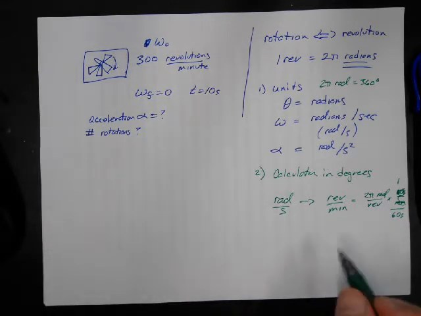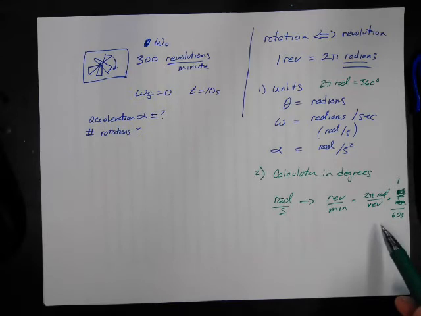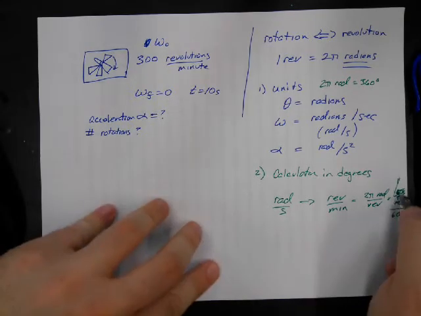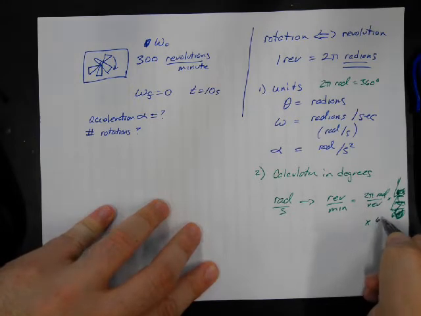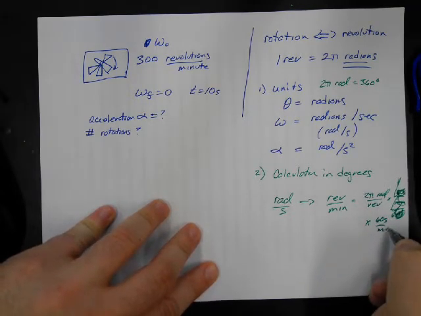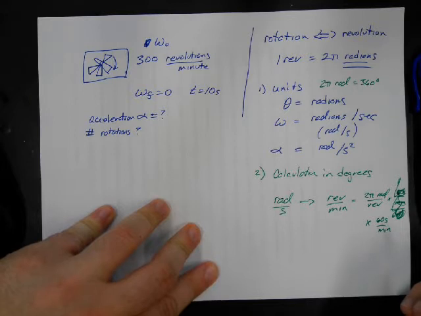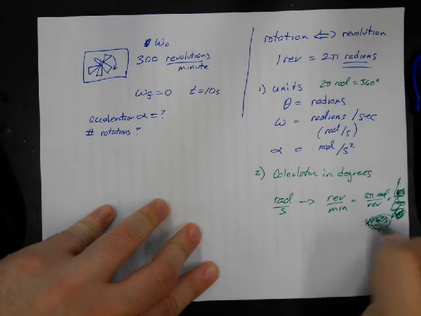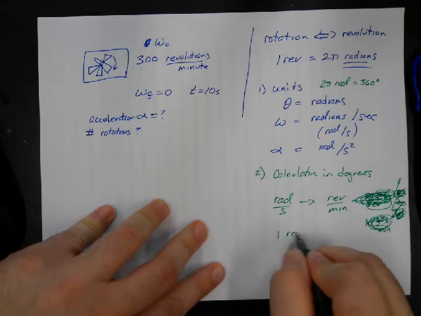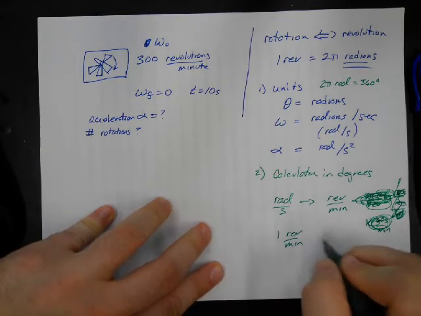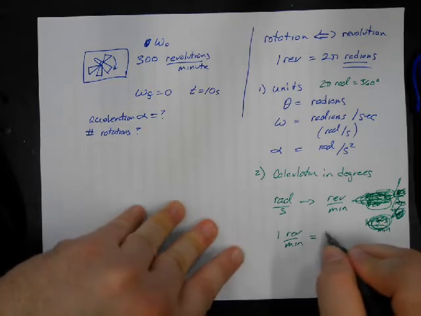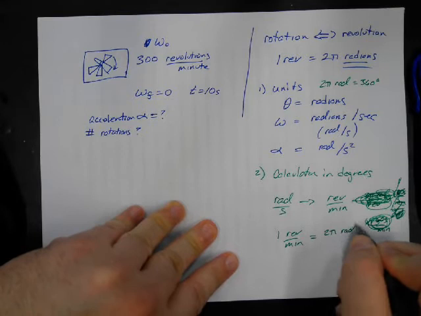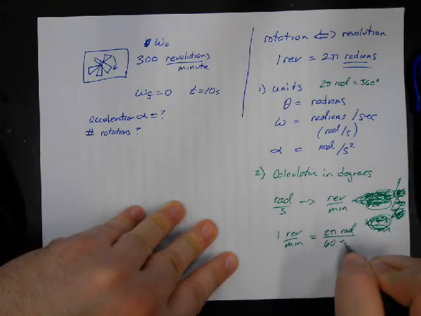No, I don't have that right. We're always going to do this conversion, and so 1 rev per minute is 2 pi radians over 60 seconds.